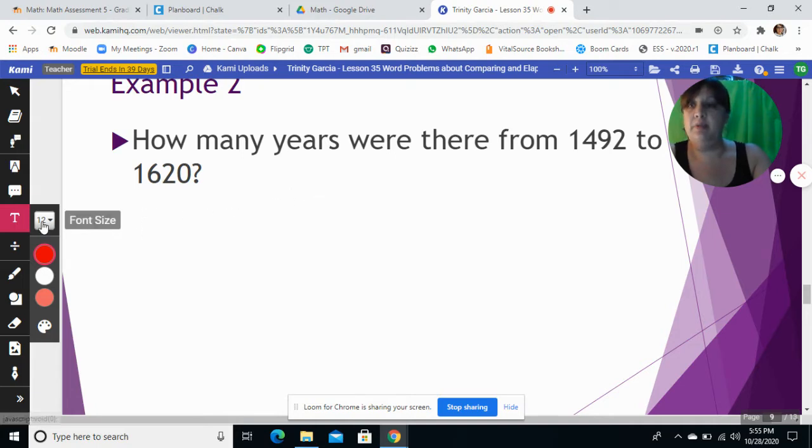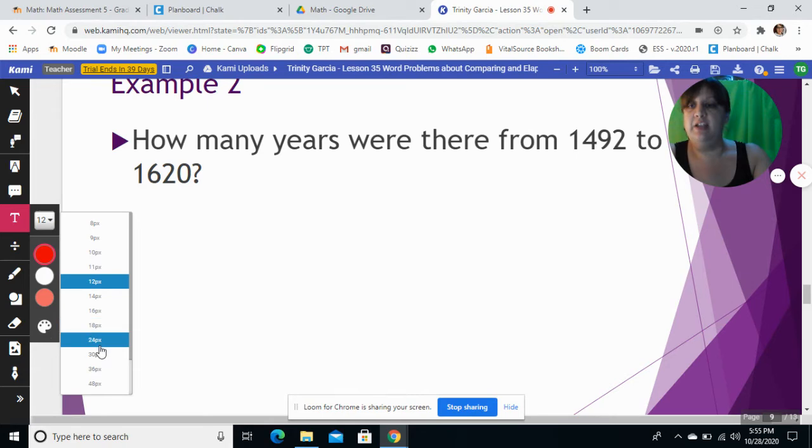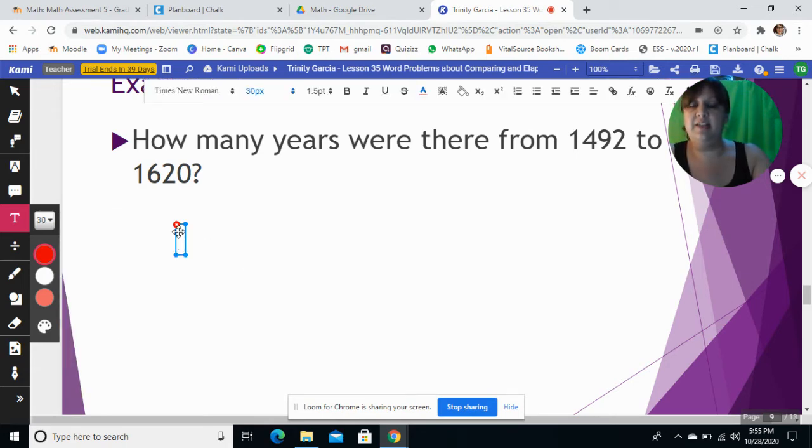Now you'll remember from what I just said that we can use that equation to help us figure it out. So we're going to take the later number, 1620, and we're going to subtract the earlier number, the earlier amount of time, 1492, and that will give us our elapsed time.